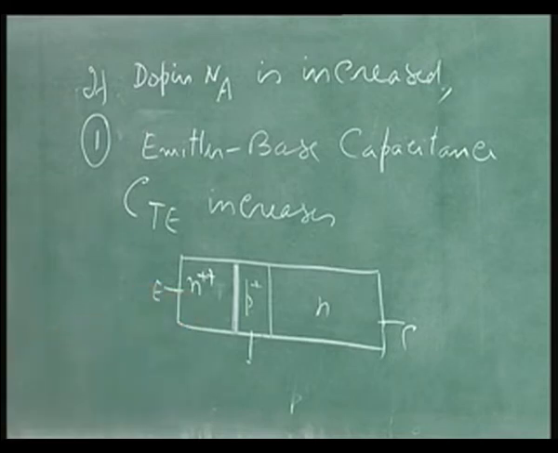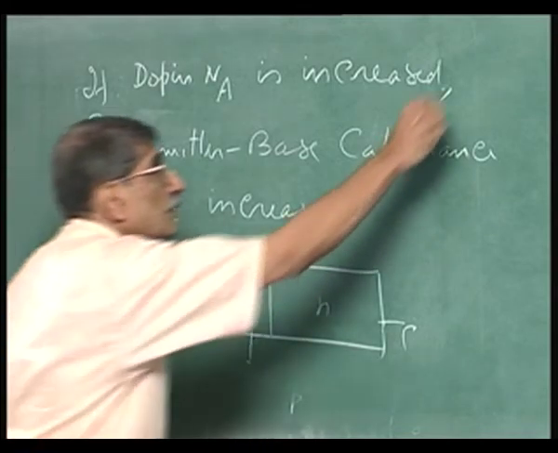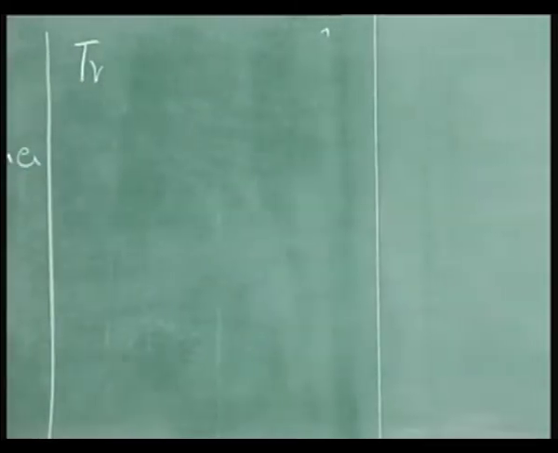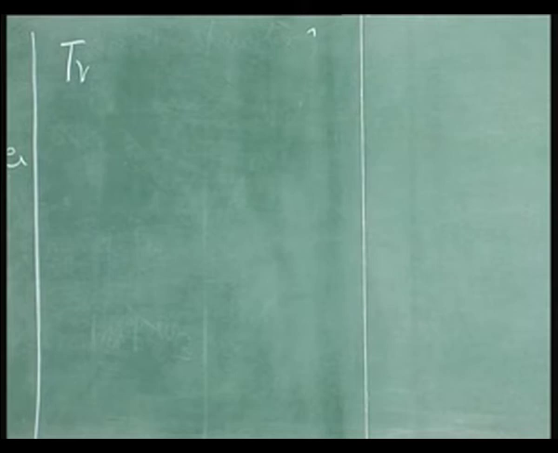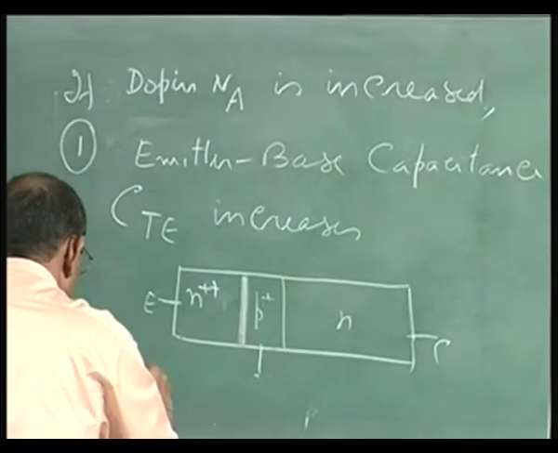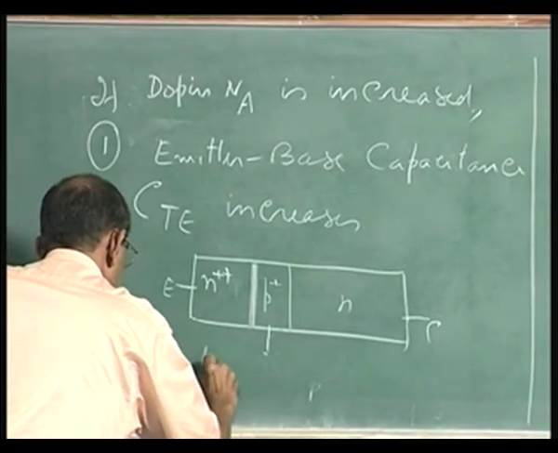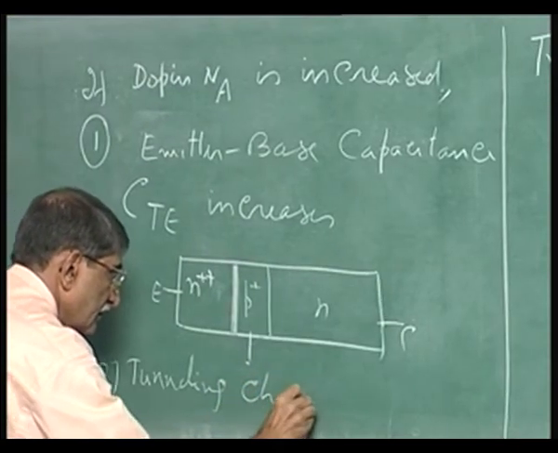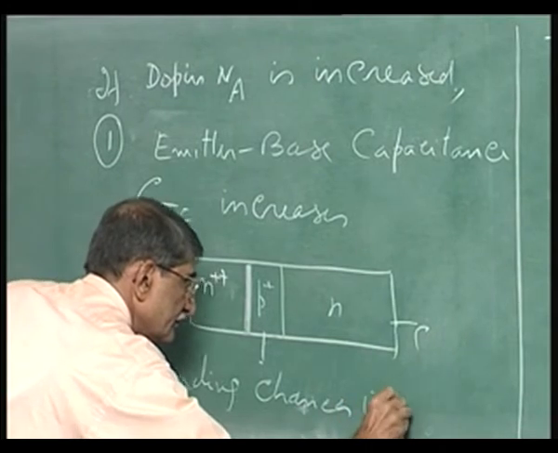So these are two effects, plus what happens to the beta of the transistor? So the second one is tunneling chances increase.